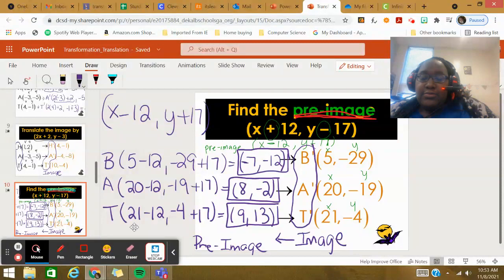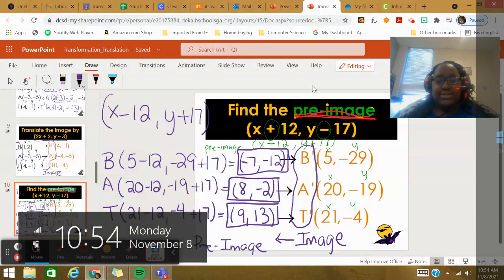And so what we did was we started with x plus 12. We wanted to take the inverse, so I did minus, right? Because the inverse of addition is subtraction. And then we started with y minus 17. I want to take the inverse of subtraction, which is addition. So for each of these transformations, I did the inverse to get B, A, and T because we started with B prime, A prime, and T prime.